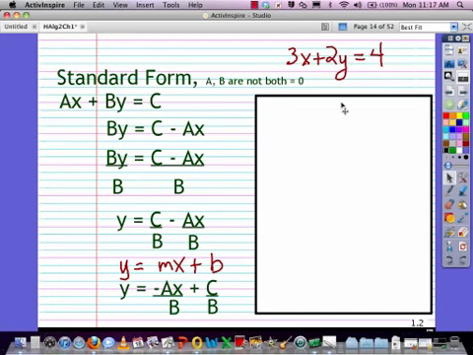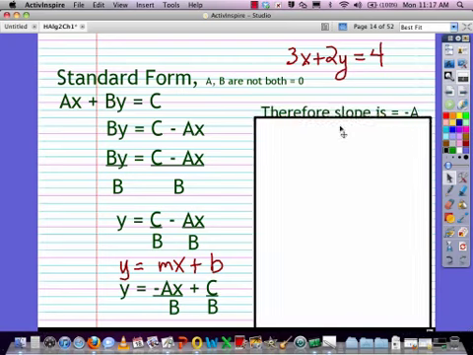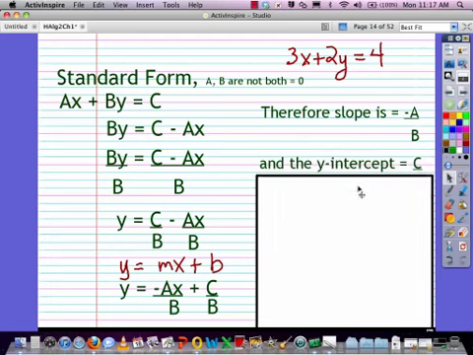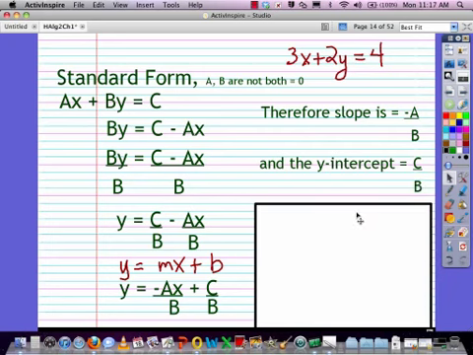Notice, in standard form, every single time, the opposite of a over b represents our slope. So we will be able to say that in standard form, slope is the opposite of a over b. The y-intercept, same thing, has a shortcut of c over b.